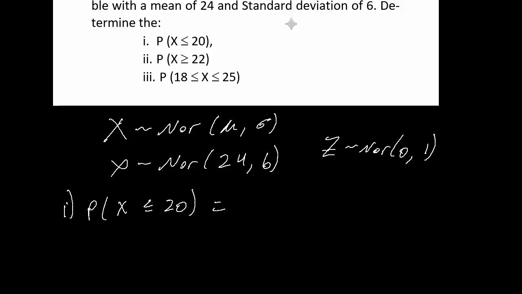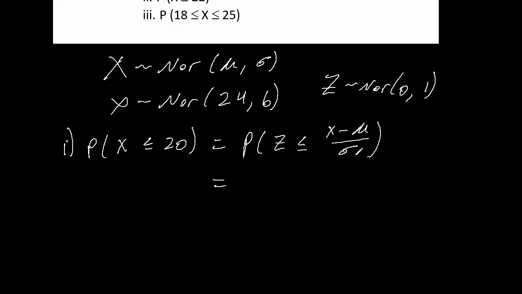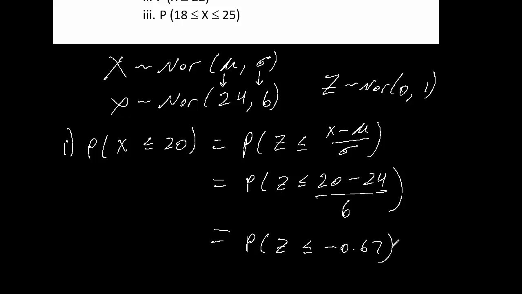P of x less than or equal to 20, all we do is say P of z, so we're converting it to a z-score, is less than or equal to x minus mu over sigma, and we have the values for mu, which is 24, and sigma, which is 6 for this question. So P of z less than or equal to 20 minus 24, because 20 is the x value from here, 24 is the mean from here, divided by 6, because 6 is the standard deviation from here, negative 0.67.